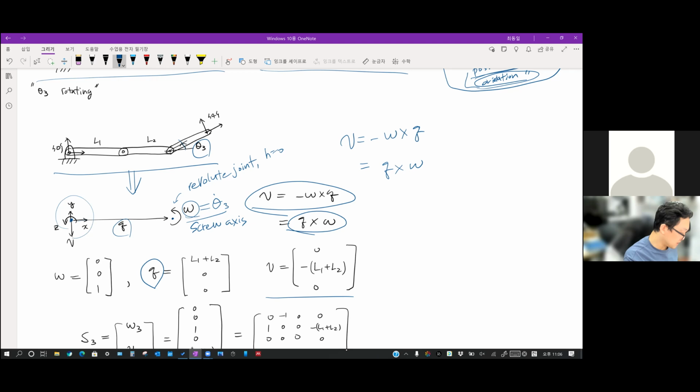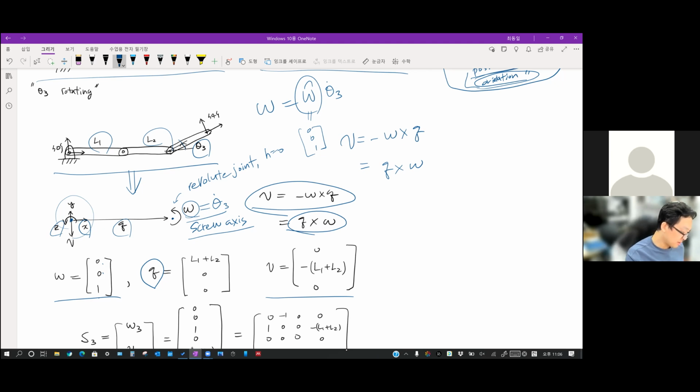The x-axis is here, so Q is L1 plus L2, 0, 0. And multiplying omega. Omega is 0, 0, 1 because the screw axis itself, omega equals theta 3 dot multiplying omega hat, and this omega hat is 0, 0, 1, because the rotation axis is equal to the direction of the z-axis.